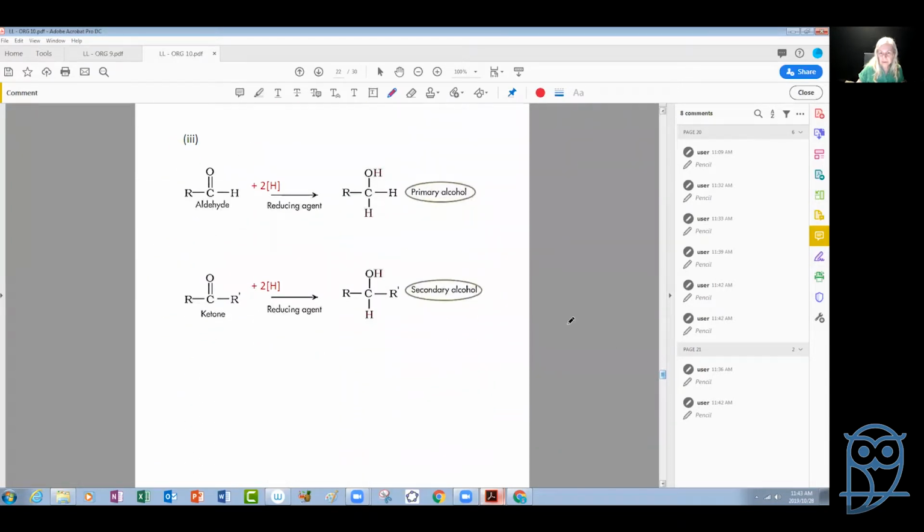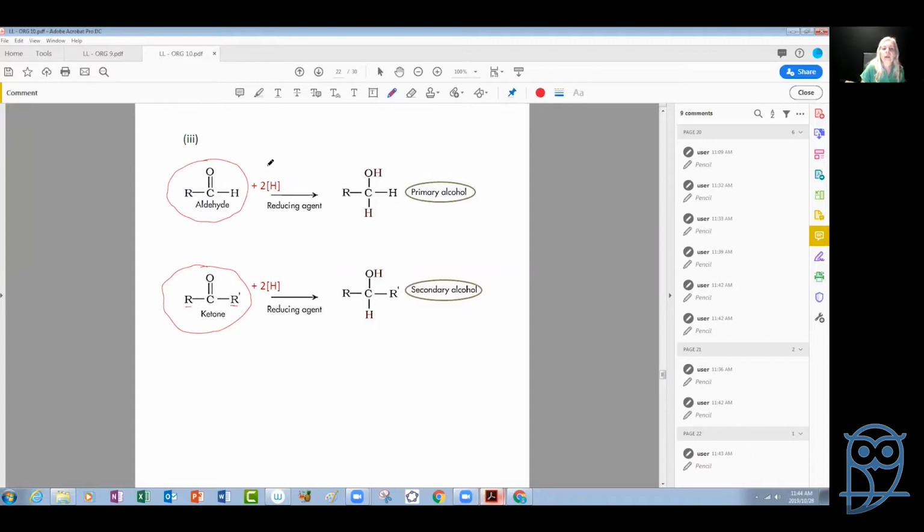I have a picture here. You see, here's an example of an aldehyde in general, and here it's a ketone. The difference between the two is that in the aldehyde, instead of two alkyl groups connected to the carbon, one is a hydrogen, whereas in a ketone, both are alkyl groups.